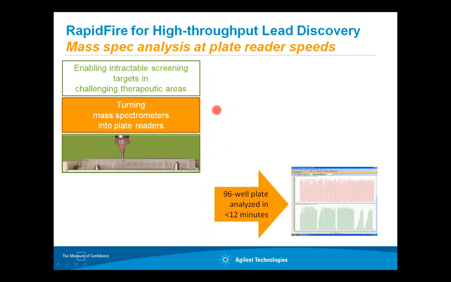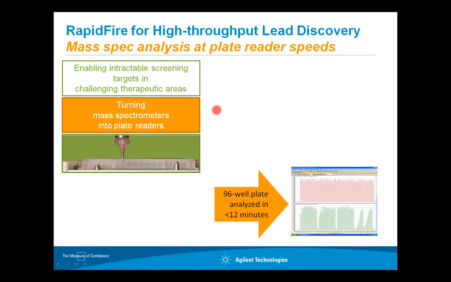So now I want to dig a little bit deeper into the lead discovery application of RapidFire technology. Traditionally, in the lead discovery market, when looking for new drugs, the traditional method of choice is a plate reader-based assay with optical or radioactive readout for its ease of use and analysis speed.